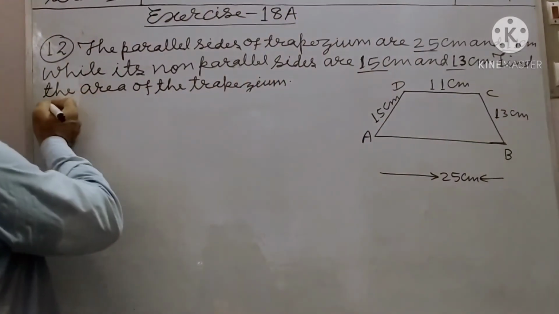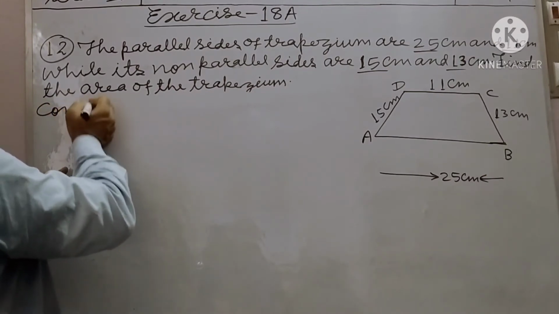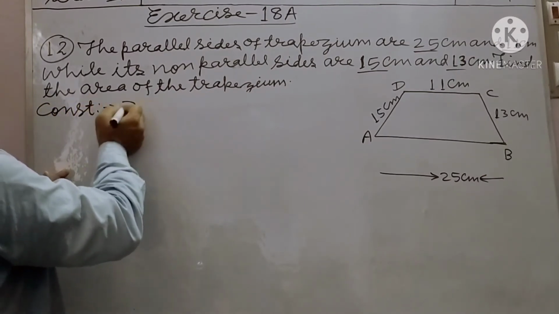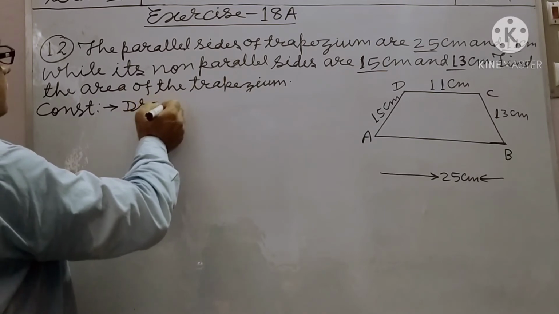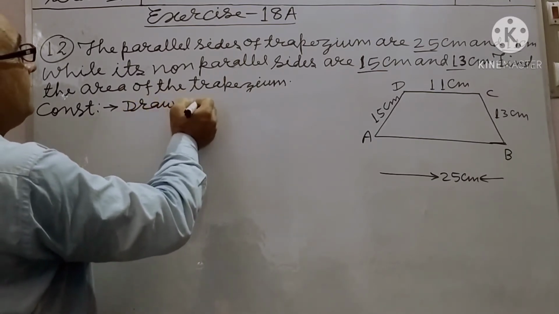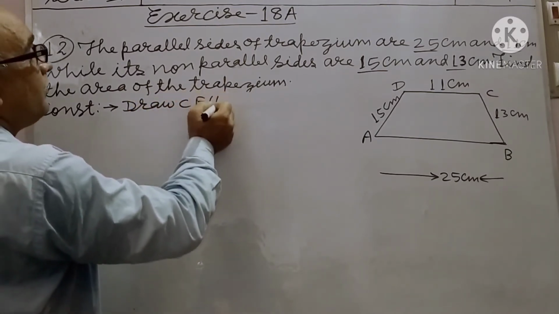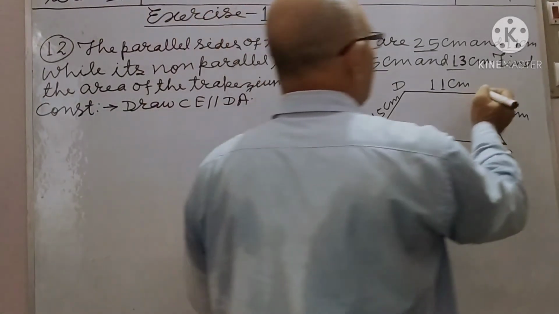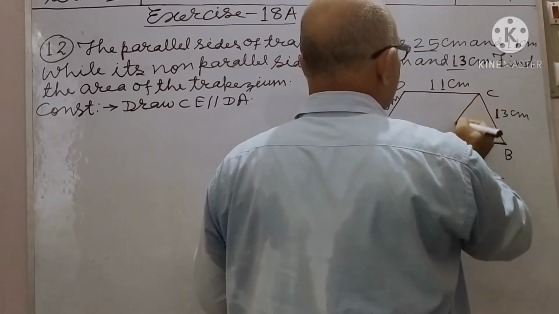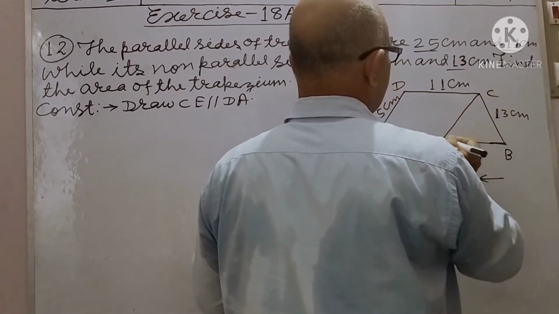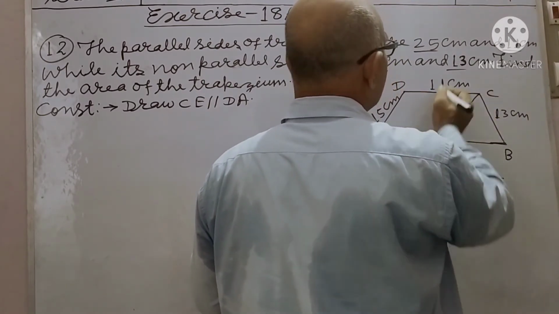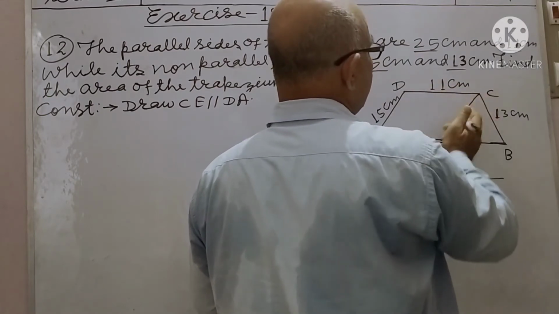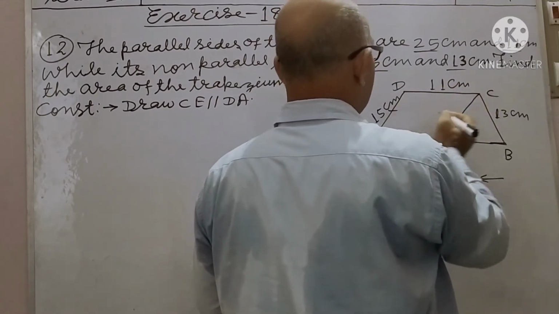Construction. Draw CE parallel to DA. So DA equals CE.